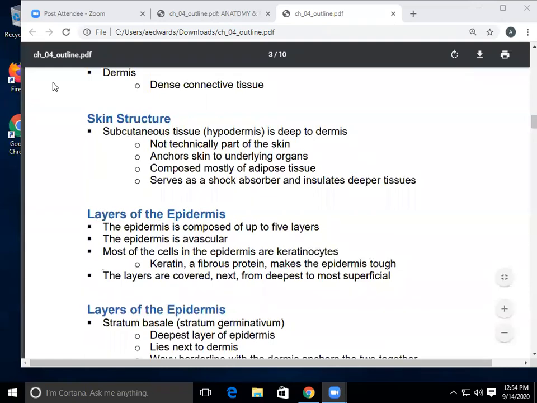And because it's made up of adipose tissue, it serves as a great shock absorber. And it helps to insulate the tissues that are underneath. Fat is a good insulator, okay? That's why bears eat a lot before they hibernate, right? Insulate themselves.